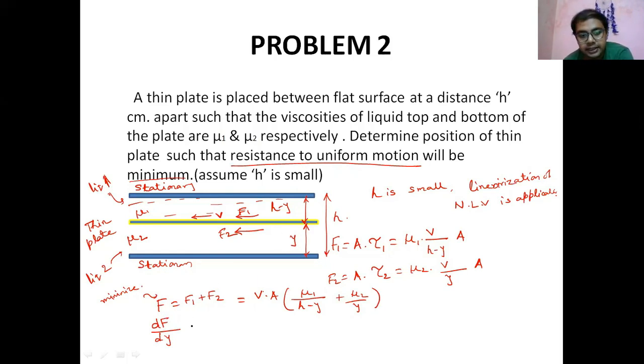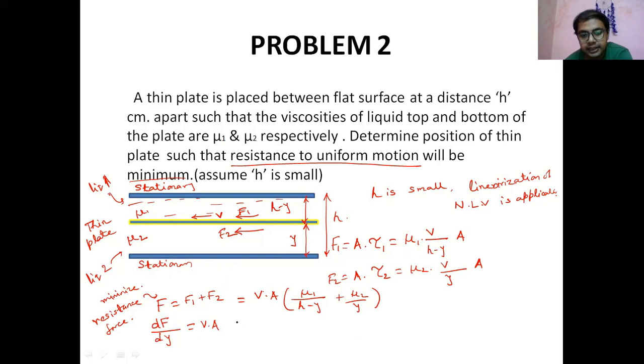If you differentiate this with respect to y and make it 0, you will get the minimization. You can minimize the resistance, because this force is the resistance force. So that is why you set y in this way.